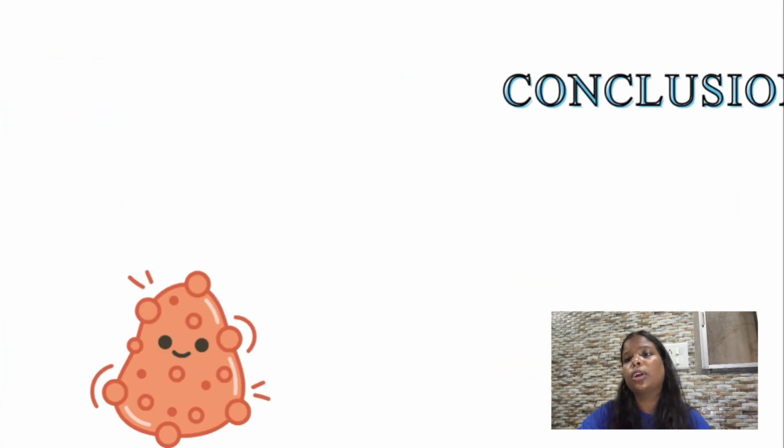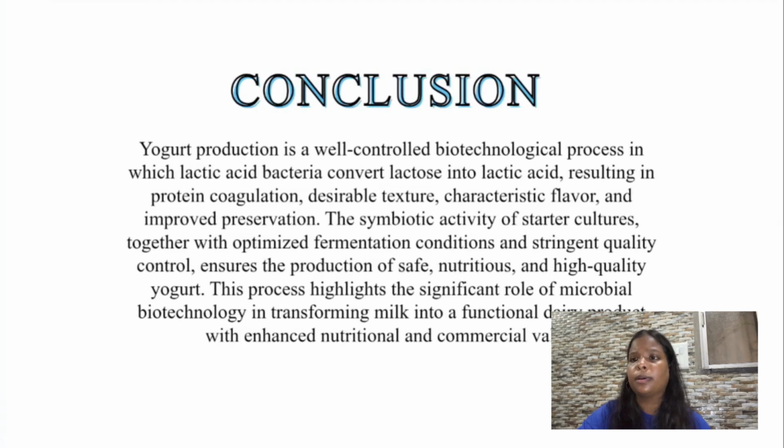To conclude, yogurt production is an excellent example of how microorganisms can be used in biotechnology to transform a simple raw material into a nutritious and valuable food product. Through controlled fermentation, lactic acid bacteria convert lactose into lactic acid, resulting in protein coagulation, desirable texture, characteristic flavor, and improved preservation.